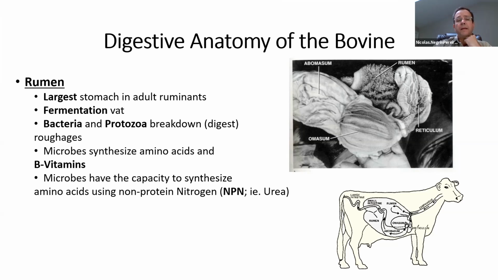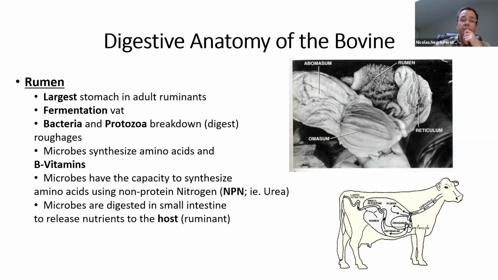And also the microbes, remember, have the capacity to synthesize their own amino acids and protein using non-protein nitrogen like urea. And of course, the microbes themselves will be used by the animal, the host, as a feed to digest.